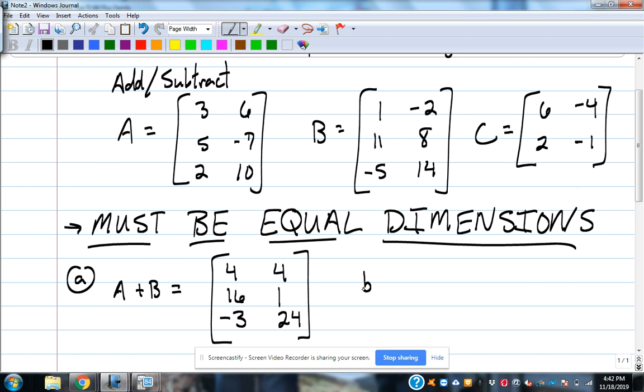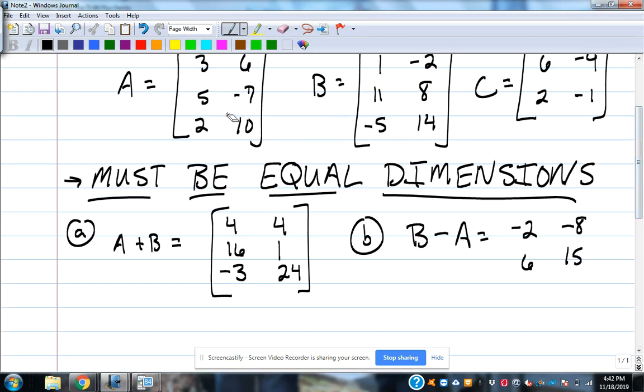Subtraction would be the same way. Let's take B minus A. It's taking the element in B and subtracting the corresponding element in A. So 1 minus 3 will be negative 2. Negative 2 minus 6 is negative 8. 11 minus 5 is 6. 8 minus negative 7, double negative makes it plus, so that would be 15.